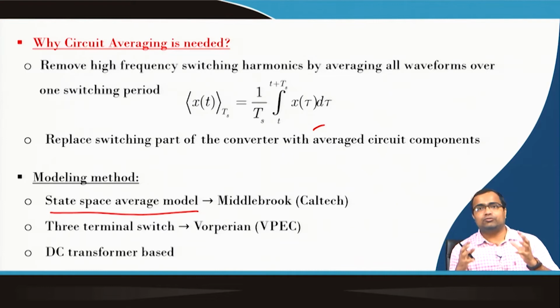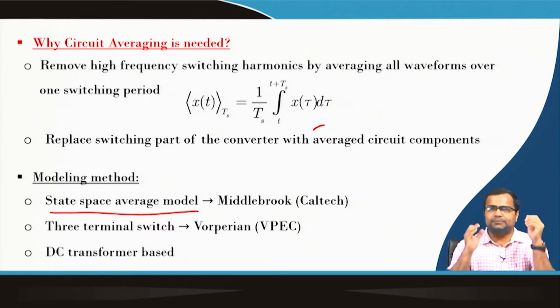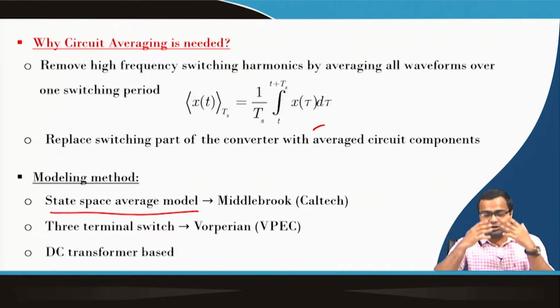And then finally, even the state space model can be framed into a canonical form to obtain an equivalent circuit model, that means using a transformer, whereas the 3 terminal model can be used to directly obtain the equivalent circuit. In the previous lecture we discussed the state space average model, which is straightforward, but much more mathematical, as we need to obtain the state space model, then the Jacobian, the small signal perturbation and so on.